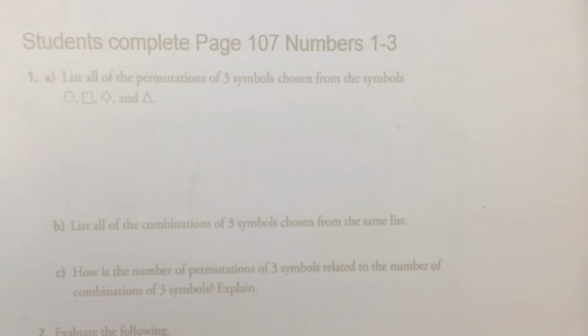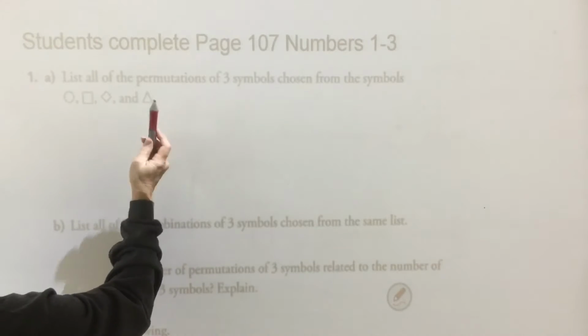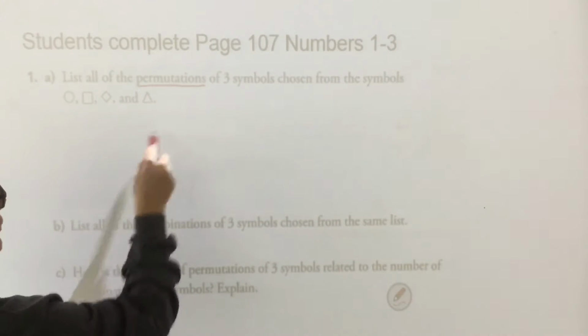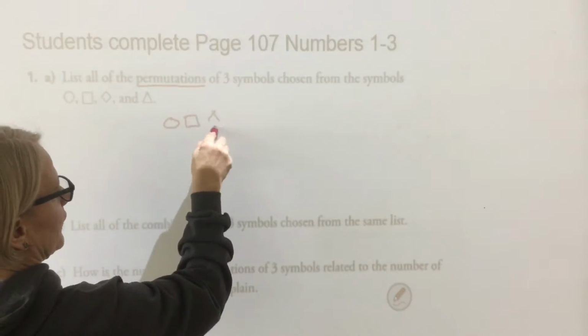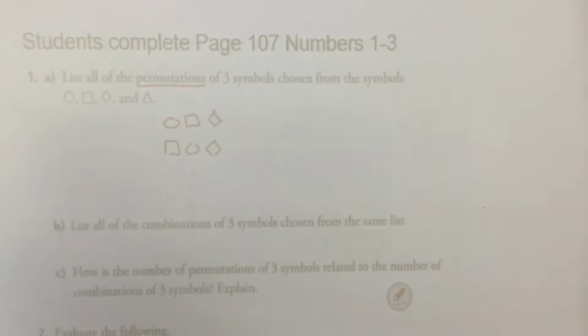Okay, so for number 1, list all the permutations of 3 symbols chosen from the symbols there: circle, square, diamond, and triangle. We want permutations, and so if I choose 3 of them, I have to consider those to be different. So I have to count them each separate.